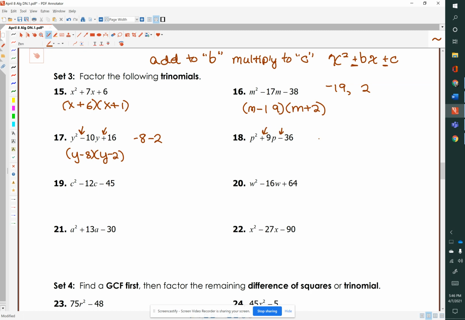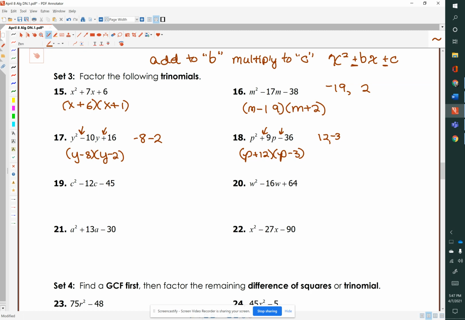So the two numbers I can think of, if I take 12 times 3, and the 12 is positive and the 3 is negative. So let's make the 12 positive and the 3 negative. They will multiply to negative 36, and they will add up. 12 plus negative 3 is a positive 9. So that will be p plus 12 and p minus 3.